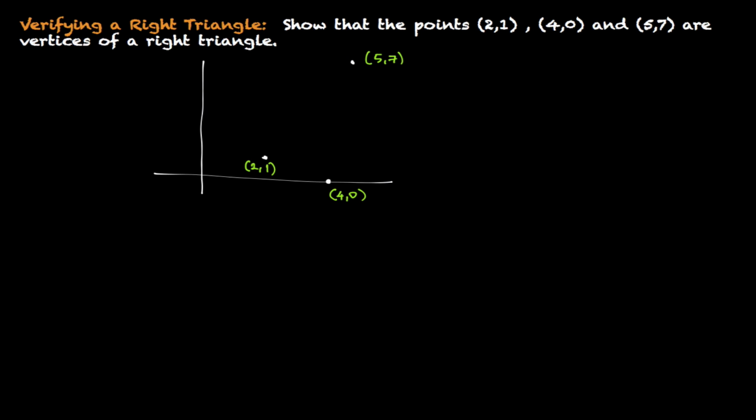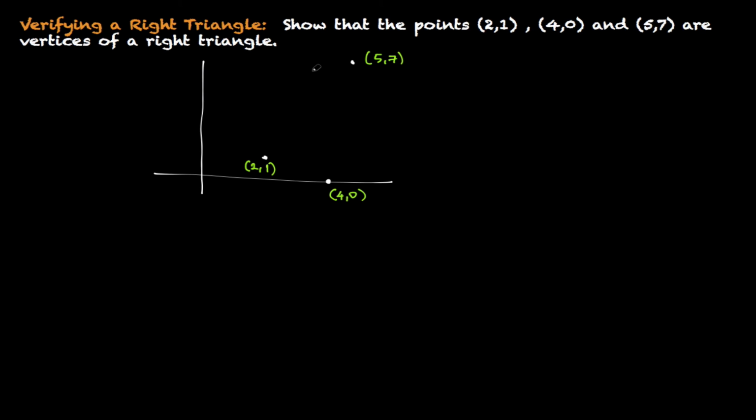Verifying a right triangle. Show that the points (2, 1), (4, 0) and (5, 7) are vertices of a right triangle. So what is the idea for a right triangle? The idea here is we will calculate the lengths of the sides of this triangle, and then see if it satisfies the Pythagorean theorem.